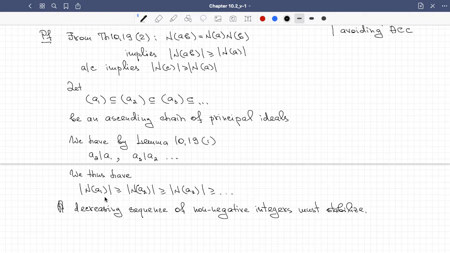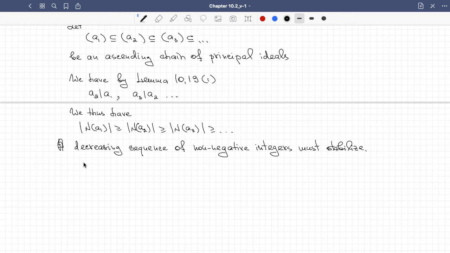It must have its minimum element, and from this element on, all of these inequalities must become equalities. Inequalities are no more acceptable; they are all equalities because you reached the minimum element.